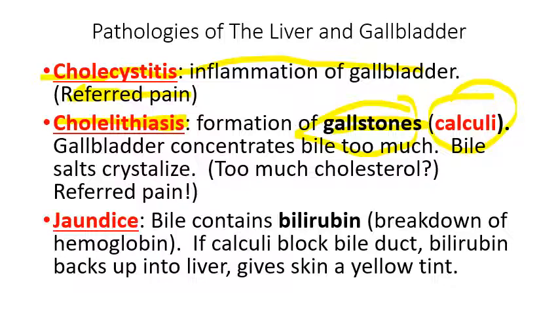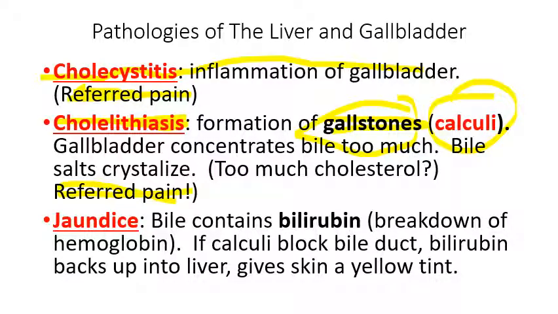So if the gallbladder produces too much bile, or if the liver produces too much bile, or if the gallbladder concentrates it too much, the salt will crystallize, and then you have calculi. Or if you have too much cholesterol in your diet sometimes, and too much cholesterol in the blood, you can also have calculi. And you have a sore gallbladder because you have referred pain as well.